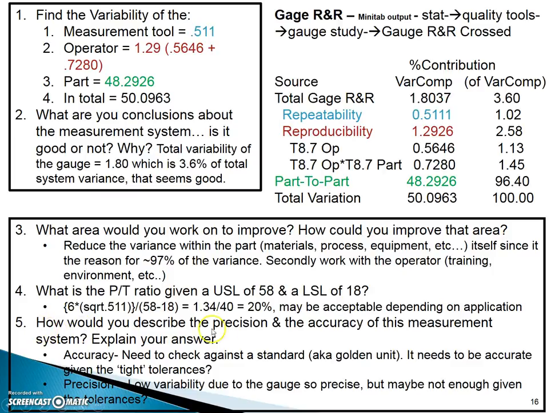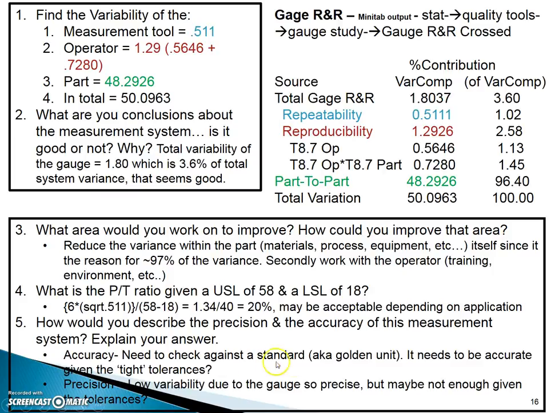Number 5, how would you describe the precision and accuracy of the measurement system? So accuracy, remember, is that we know that the measurement system is measuring the right number. If the yogurt weighs 20 ounces, the scale is going to show it weighs 20 ounces instead of showing that it weighs 22 ounces. And so really, this study doesn't help us with accuracy.